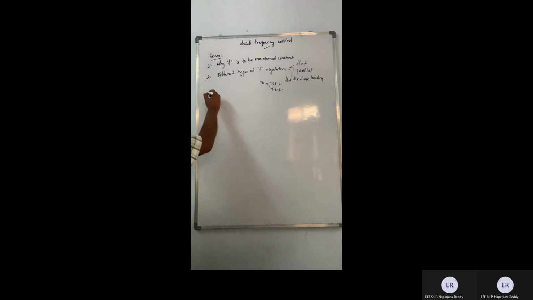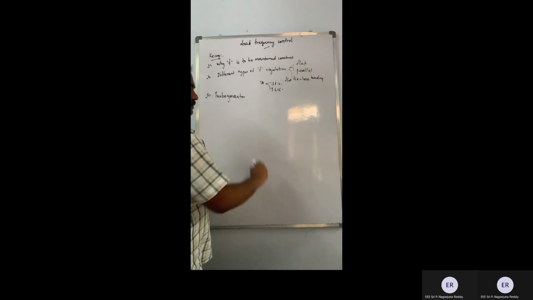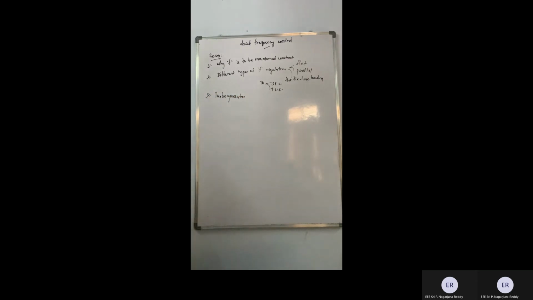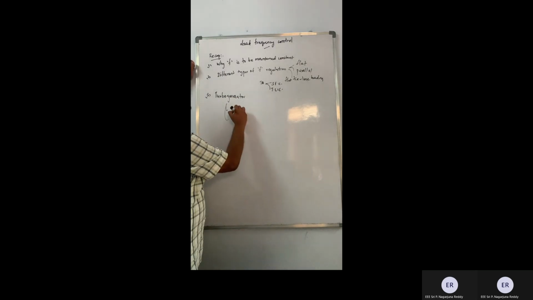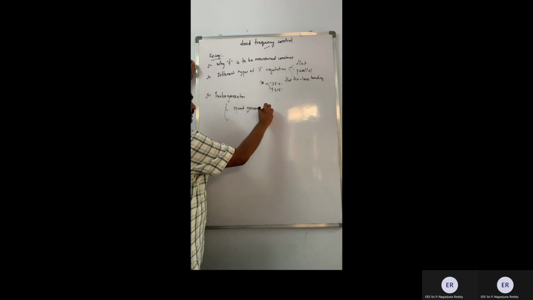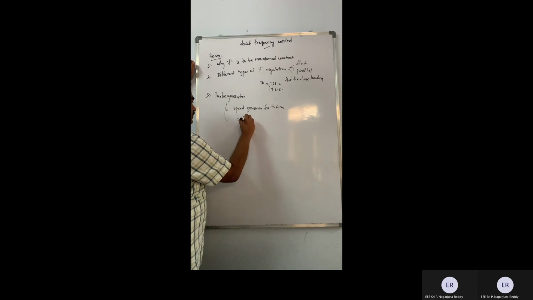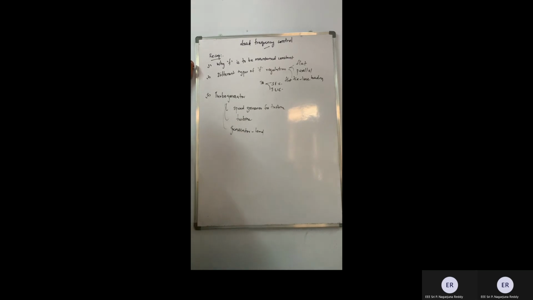Apart from that, we have discussed about a turbo generator. We have discussed about a steam generator, which consists of a speed governor for turbine, a generator, along with its load.